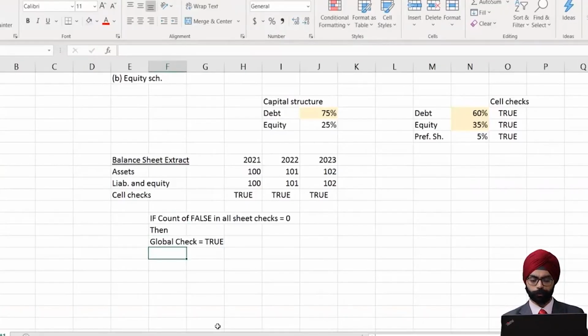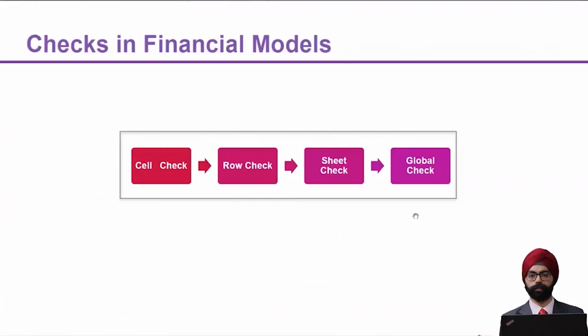Because in the global check, if you see that it is true, then it is automatically understood that all the sheet checks are true. It is automatically understood that all the corresponding row checks are also true. And that also makes it clear that all the individual cell checks are also true. But if the global check shows you false, then you have to figure out in the table of contents sheet which sheet check is actually false.